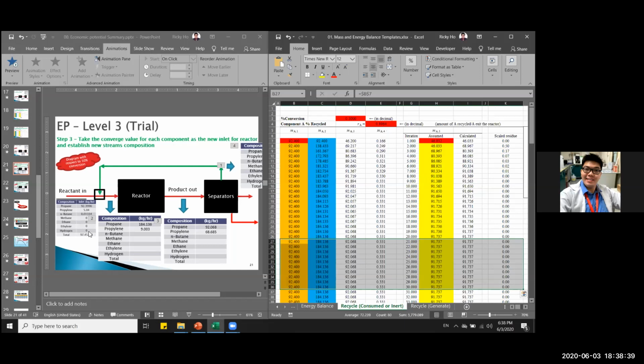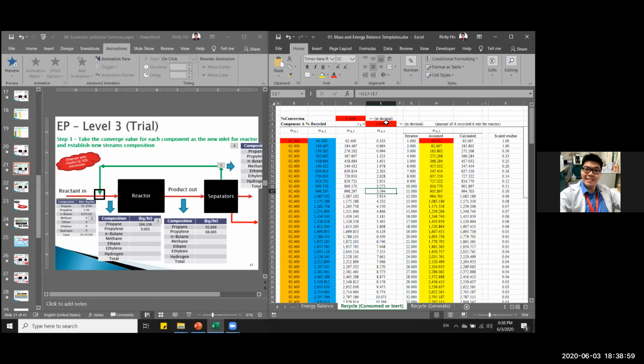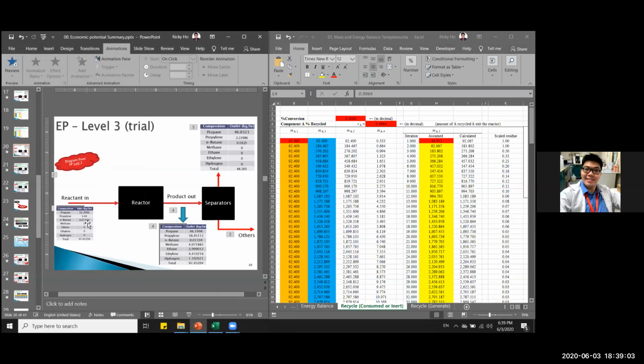For the N-butane, we previously established it to be inert. So refer to the recycle, consume, or inert tab, and we are going to do it from there. Now, inert, as you all know, is unreactive. So the conversion will be 0. But some of the butane is recycled back.